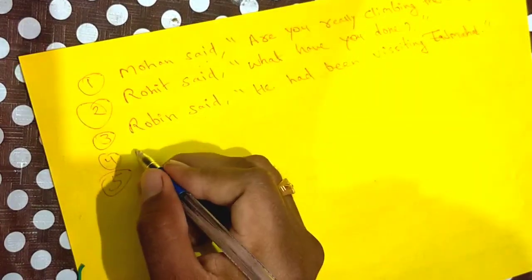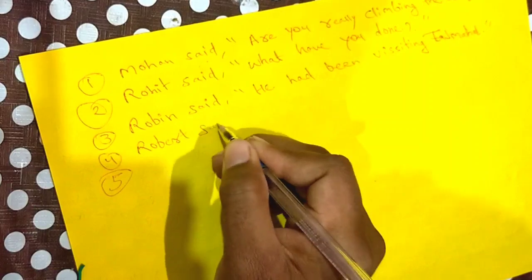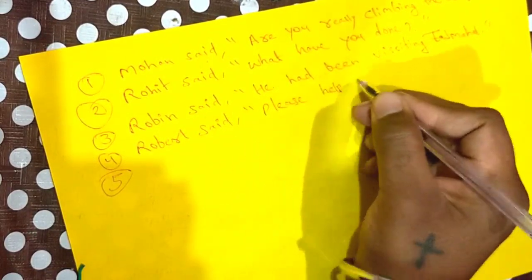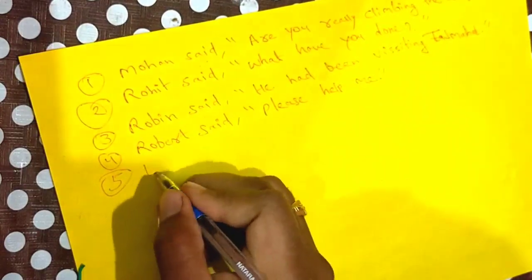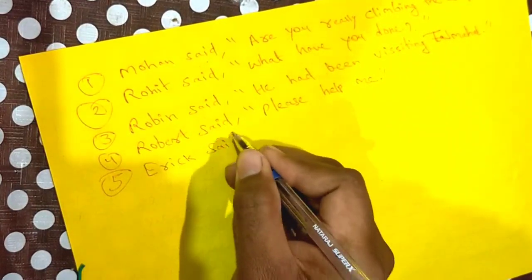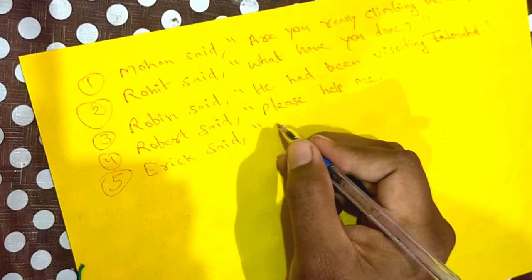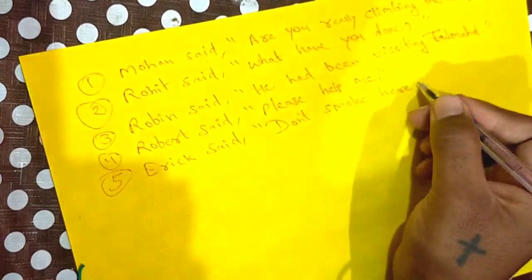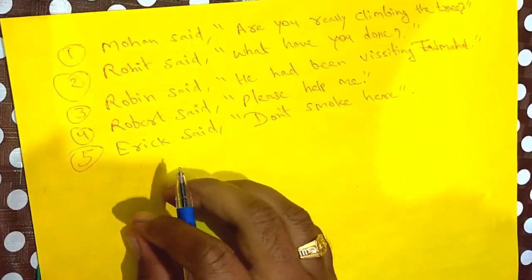Another sentence, Robert said, please help me. And another sentence, Eric said, don't smoke here. So dear friends, these are the 5 sentences I am giving you as homework.